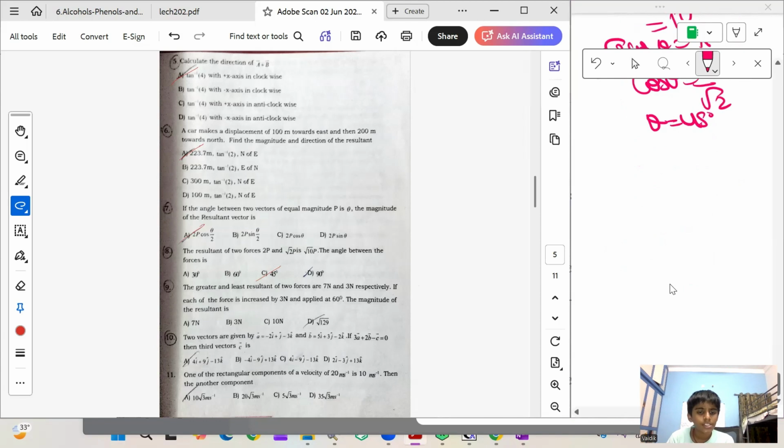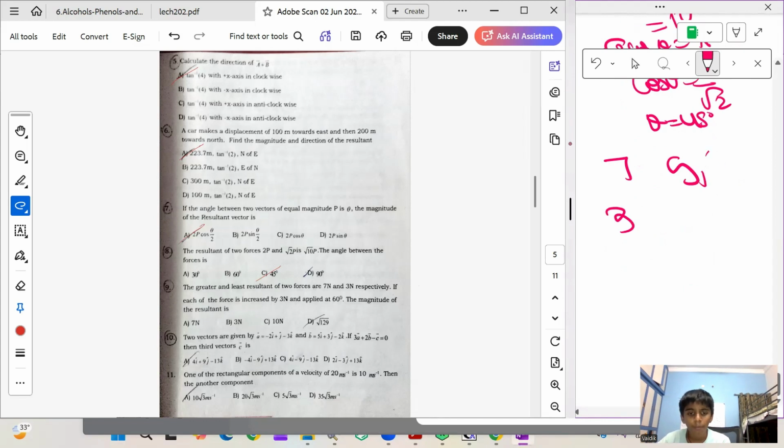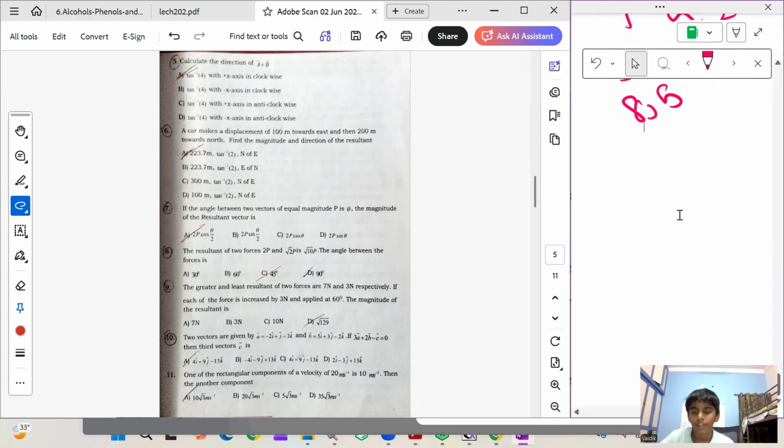The greater and least resultant of two forces are 7 newtons and 3 newtons. Means the sum of the two forces is 7 and the difference is 3, so they can be 5 and 2. If each of the forces is increased by 3, they would become 8 and 5, applied at 60 degrees. For this parallelogram we use the angle 60 degrees.